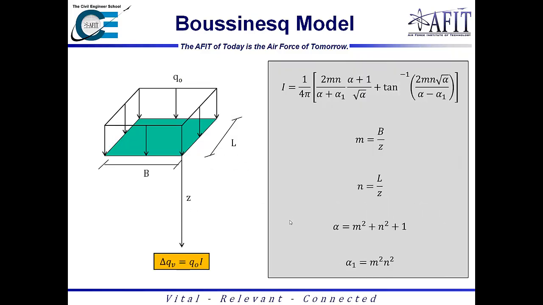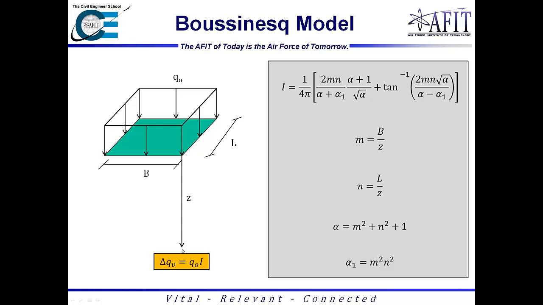The model then went from that point load to any point load, to say I have this foundation here, and this foundation is uniformly loaded, and it has a uniform pressure of q naught. I can use this equation with the influence factor to figure out what the pressure is below any corner at a distance z below the surface.